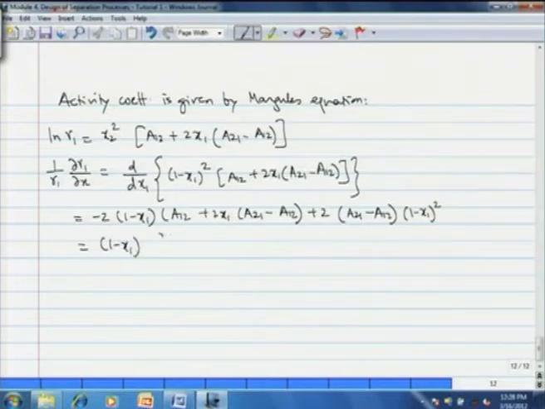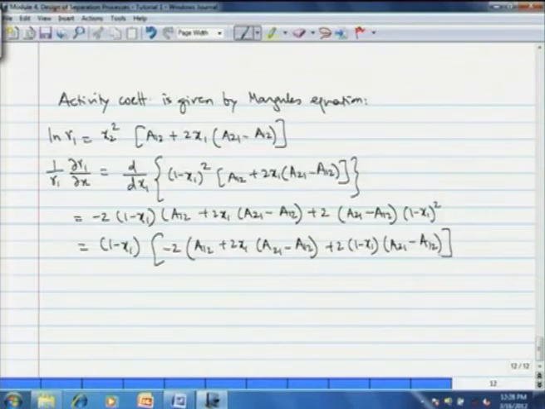And then we take 1 minus x1 common. Now we are evaluating this derivative at conditions of infinite dilution. So we substitute x1 equal to 0.